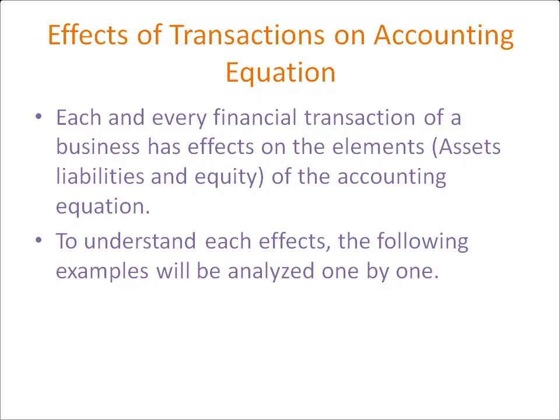Effect of transactions on the accounting equation: each and every financial transaction of a business has an effect on the elements, that is assets, liabilities, and equity of the accounting equation. To understand each effect, the following examples will be analyzed one by one.